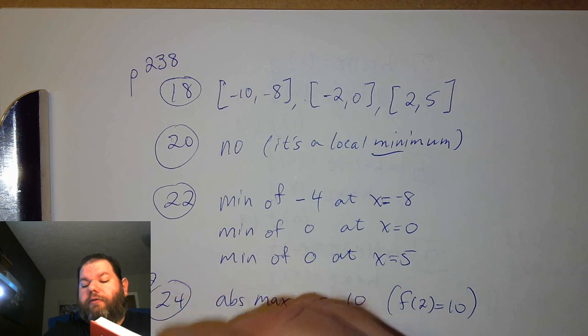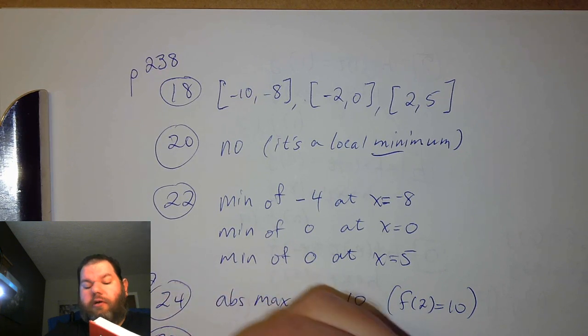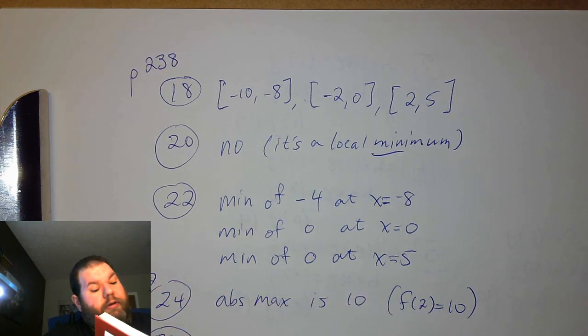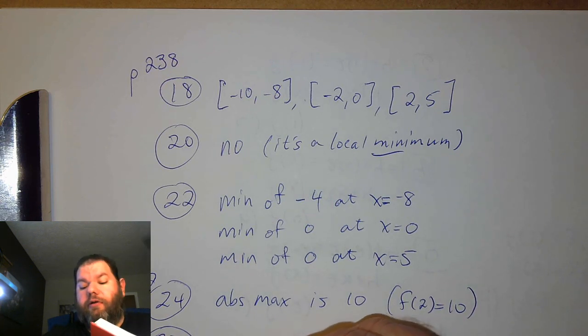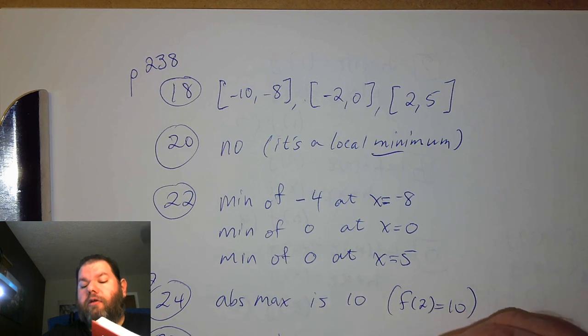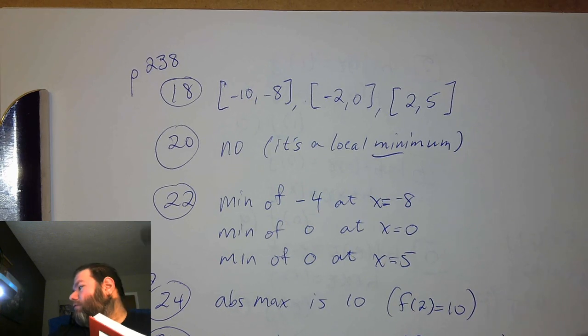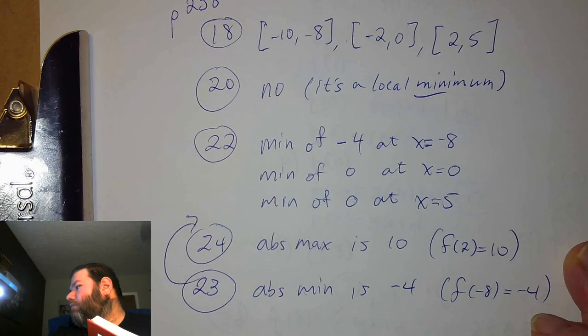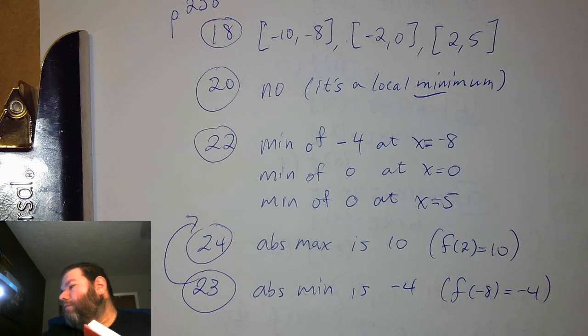And then 23. Let's see, minimum would be negative 4. Which is f of negative 8. Okay.